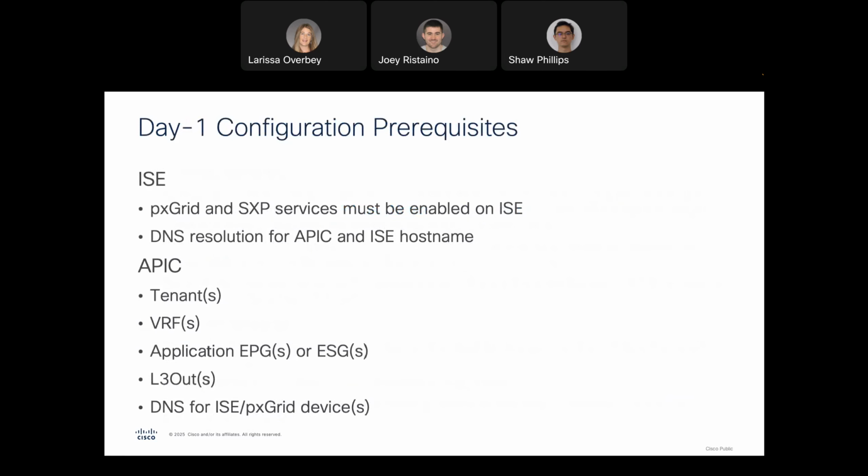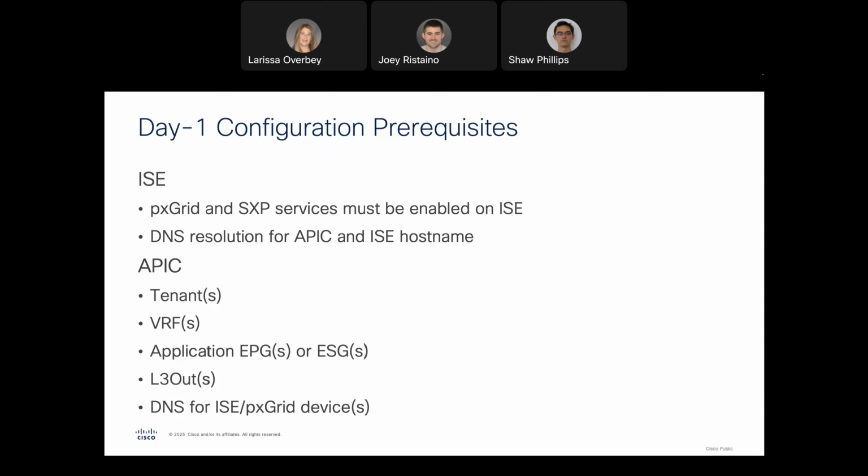And then for day one configurations, you'll enable the PX Grid and SXP services. You'll need to have DNS resolution for APIC and ICE. You'll create your tenants, or you may already have your tenant and VRF, the EPGs and or ESGs defined, as well as your L3 out.